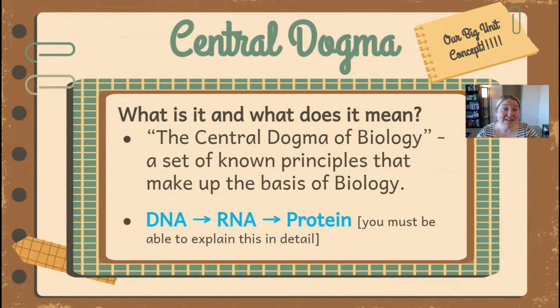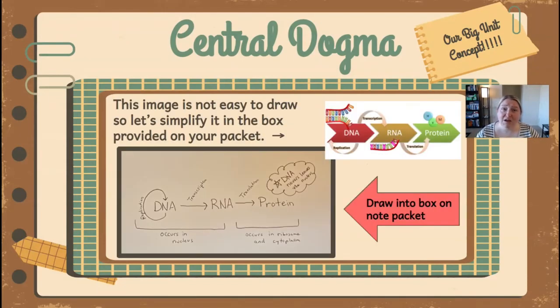Now, you are going to need to know this and understand this concept very well, which is why you have an image on yours that looks like this image that's right beside my video picture. And you'll notice that that's sort of complicated. You can't really draw that out. So you have a box in your packet. I want you to draw what I drew. That is doable.